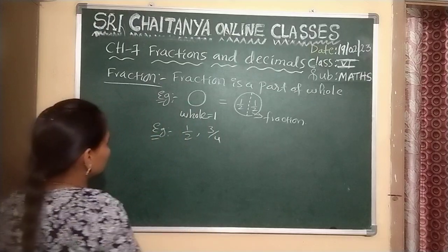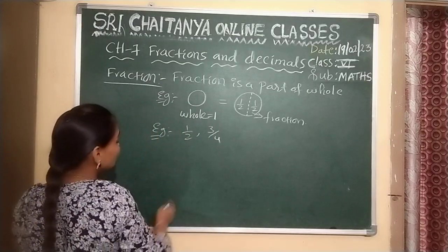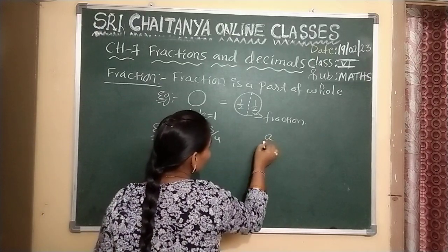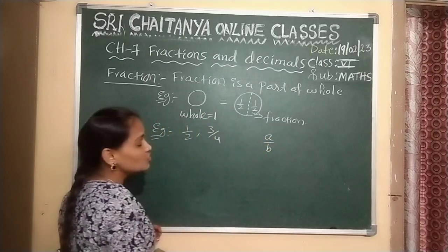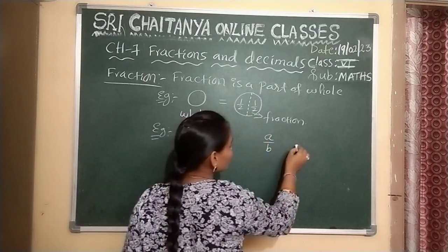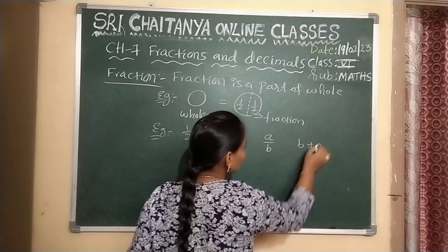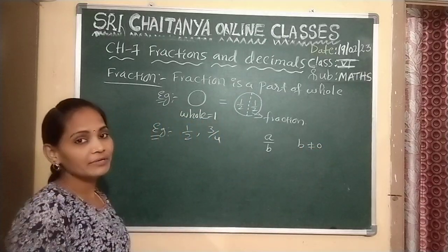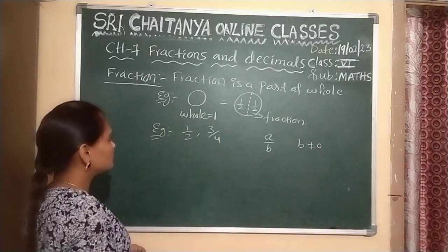The general representation of a fraction is a by b where b is not equal to 0.